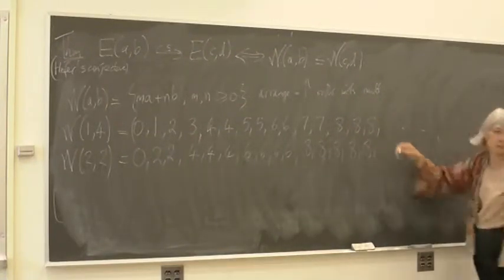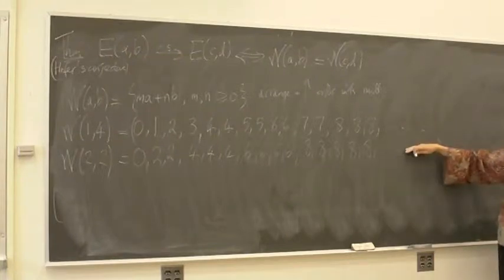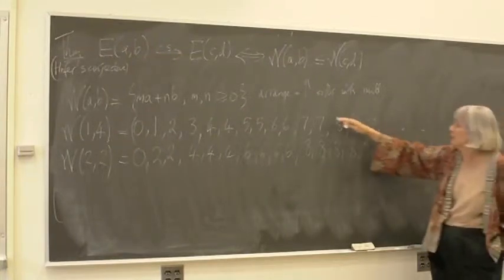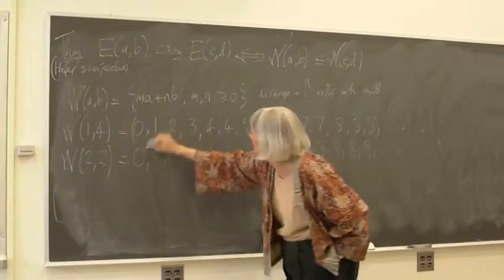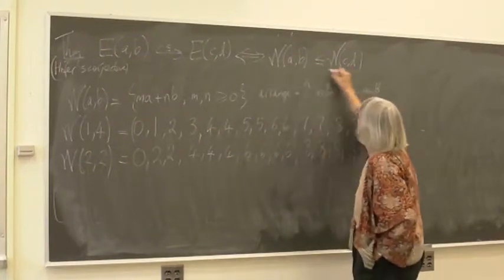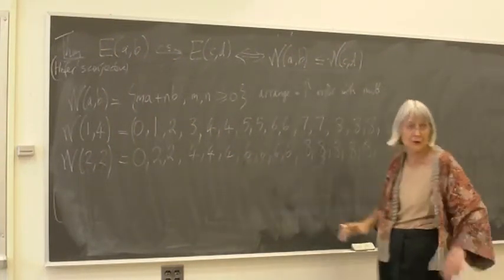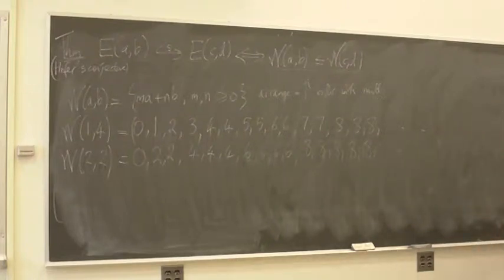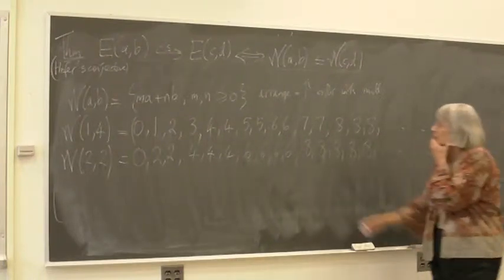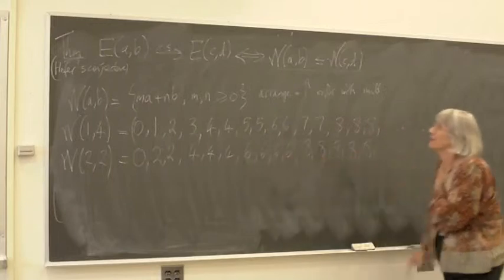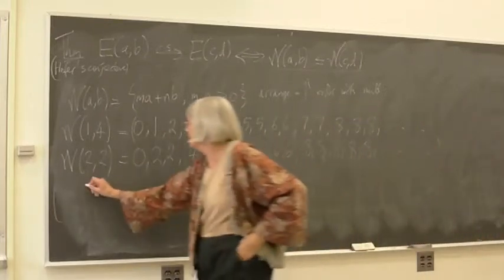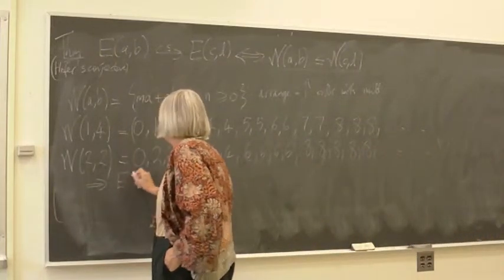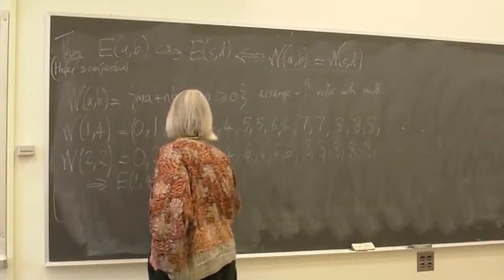And so you see, from what I've written out, that this set of numbers is less than that set of numbers exactly at each place. So that's a comparison: you look at one set of numbers, look at the other, and just compare them at each place. And then the claim is that because this set of numbers is less than that set of numbers, that's going to tell you that E(1,4) embeds into E(2,2).